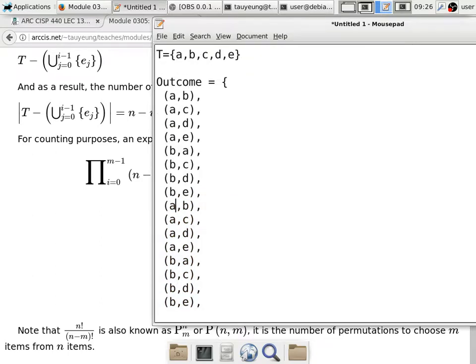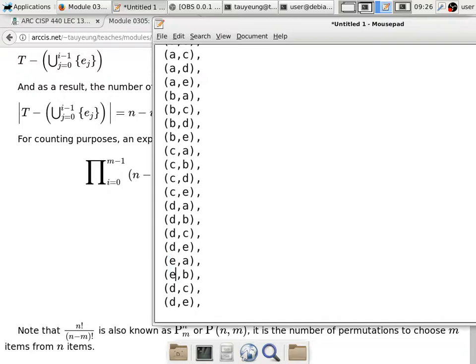So now here we have CA, CB, CD, CE, and then we have DA, DB, DC, and DE, and then we only have to copy and paste just a little bit more for all the E's.